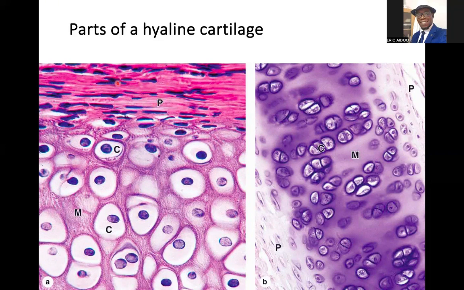The perichondrium contains perichondrial fibroblasts, which are actually cartilage type. So we call it chondroblast. Anything chond is cartilage related. So chondroblast instead of saying fibroblast, but they are the type of fibroblast within the cartilage. All right.